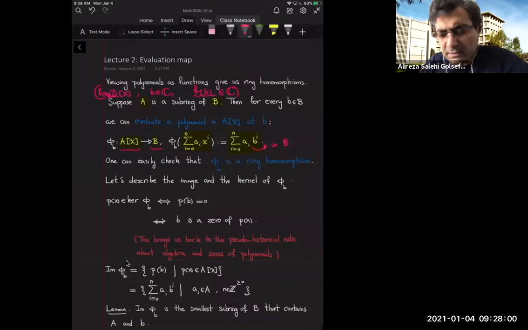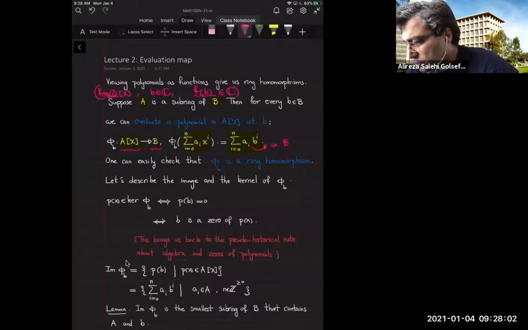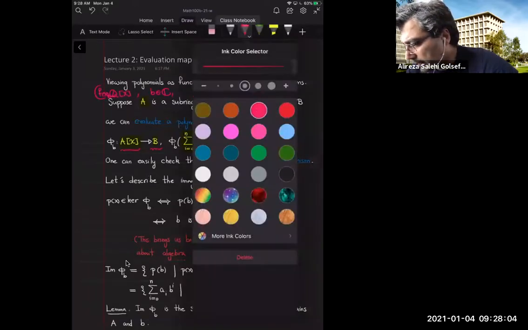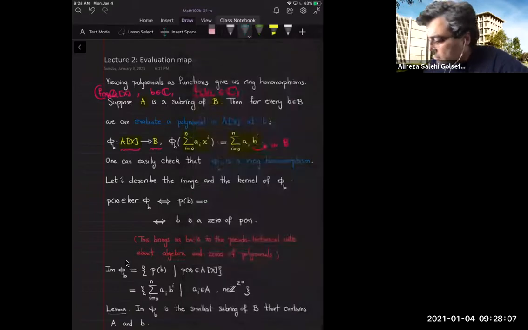Again, I should emphasize that this is true when my ring is a commutative ring. This is the case when B is commutative. Think about why this condition is crucial.